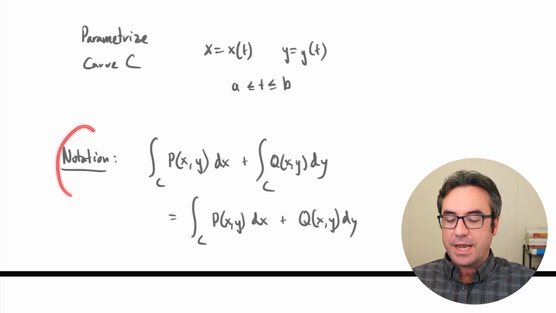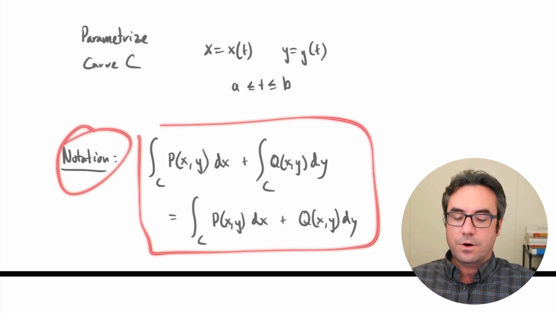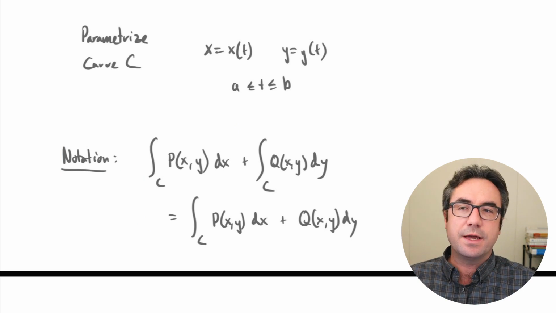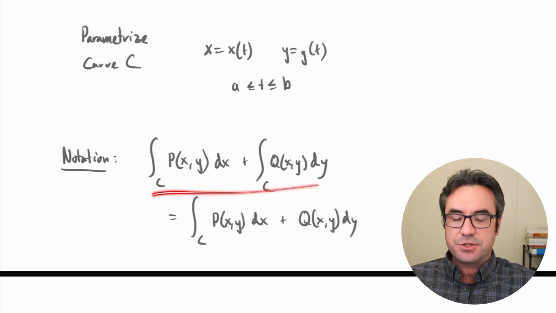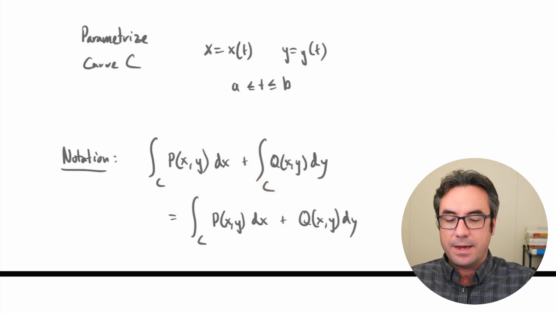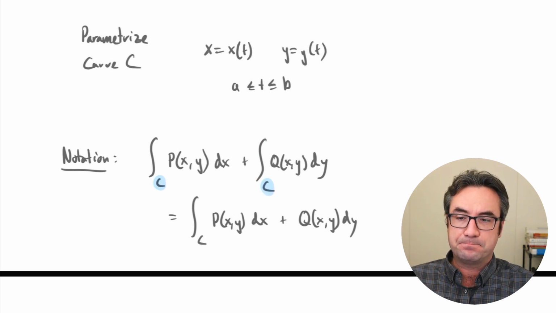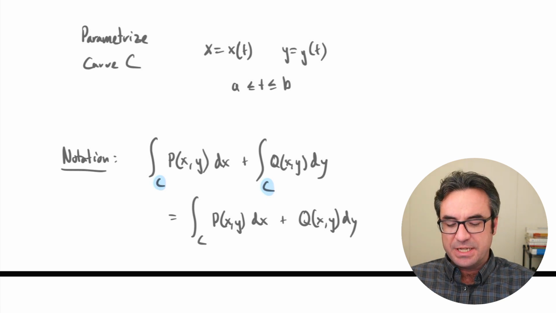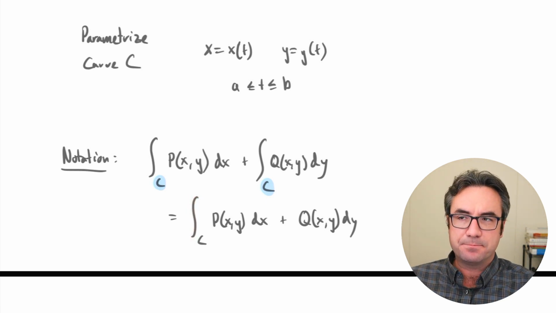This is a notational thing for how we usually write the sum of these two line integrals, where we have a line integral with respect to x and a line integral with respect to y, and the actual curve there is the same. So we just consolidate things and have one integral sign, basically.